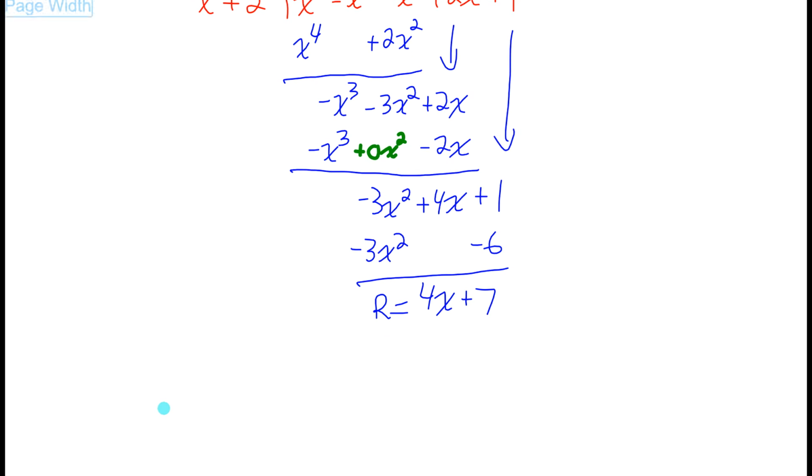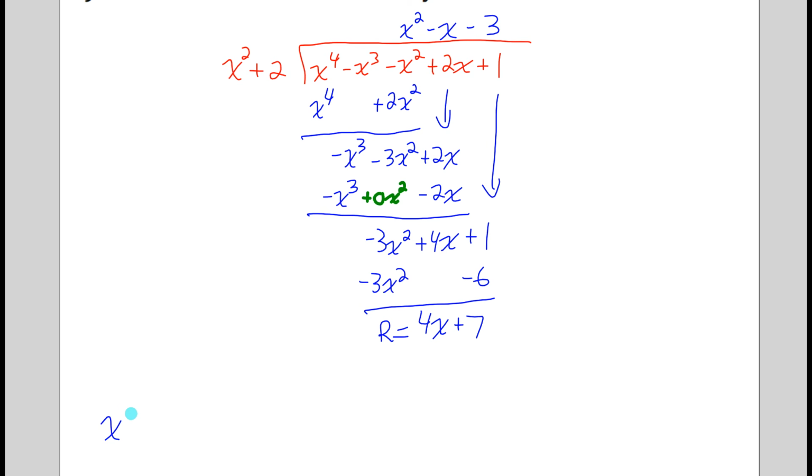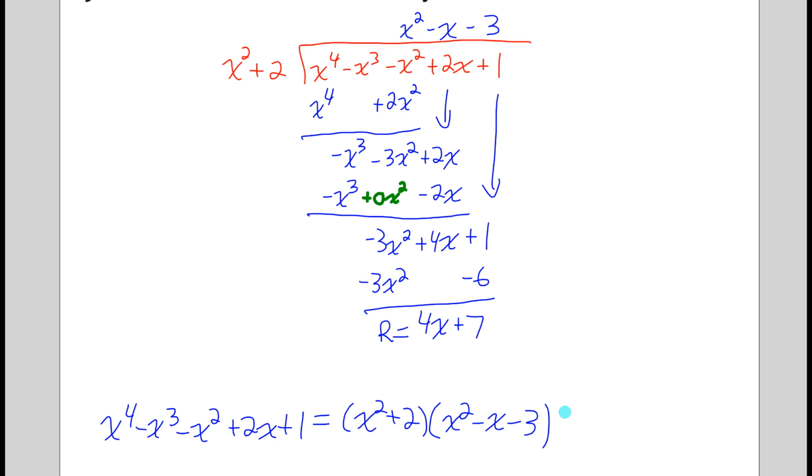So our final answer, I could write in the multiplication statement form, my dividend equals a product of the divisor times the quotient plus the remainder. And when I'm adding a polynomial, I don't technically need those brackets. So I could just write plus 4x plus 7.